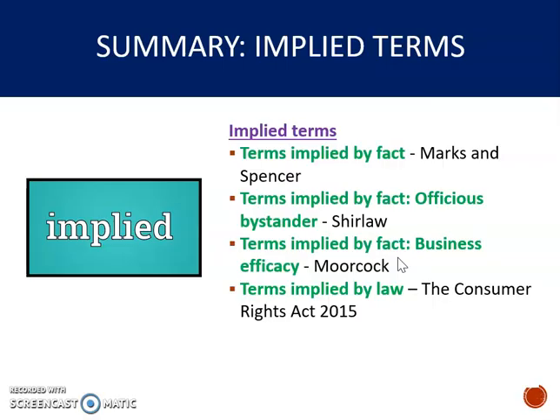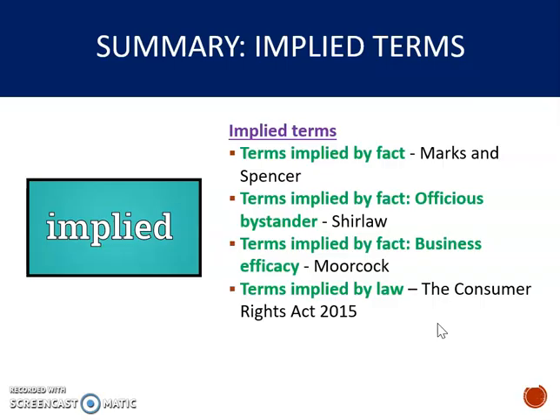And the final type of implied terms are terms which are implied by law or implied by statute. And we had a look at the Consumer Rights Act 2015 on that. And remember that what this Act does is that regardless of what the parties would like, or regardless of what the parties have said in their contract, there are certain terms that will be implied into every consumer contract.